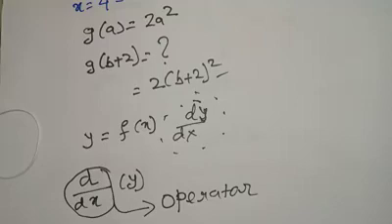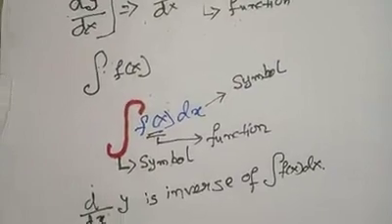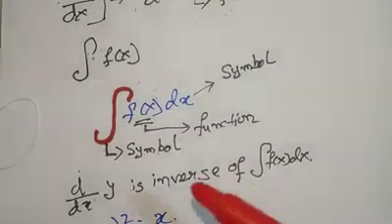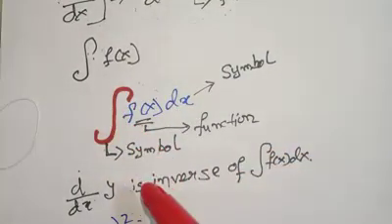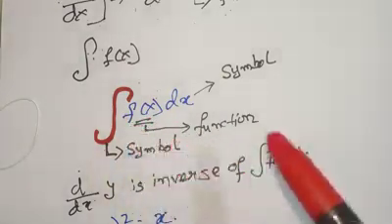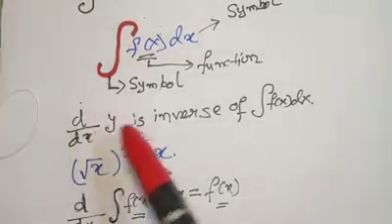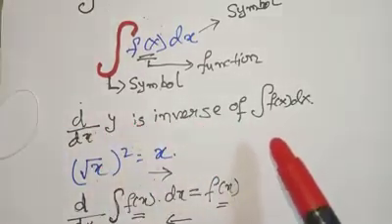We also showed you how you can use dy and dx in a different algebraic way, and you can find out that this is an operator. This shows the notation, this is the integration sign, these are the two symbols, and the function gets stuck in between these two symbols. We also have learned that differentiation is the inverse of integration.